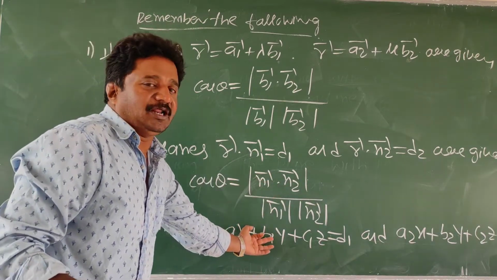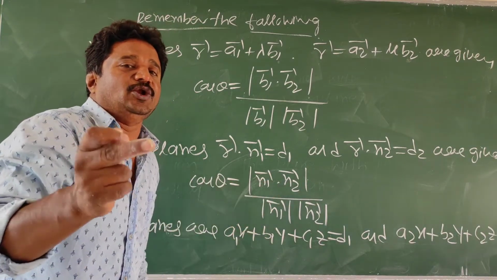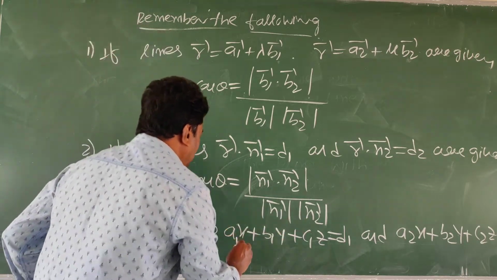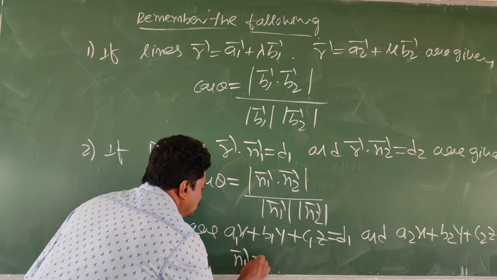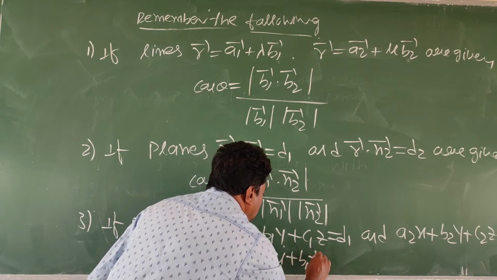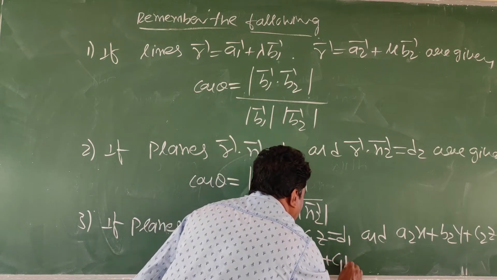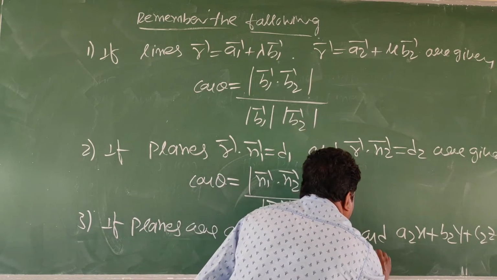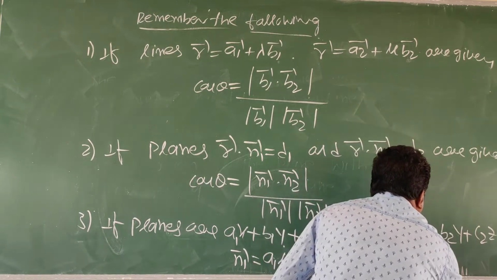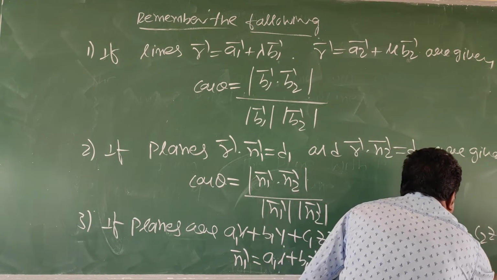Tell me the normal vector from the plane, students. How do you write a normal vector? If it is given in Cartesian form, the normal vector n1 is a1i plus b1j plus c1k, and n2 is a2i plus b2j plus c2k.